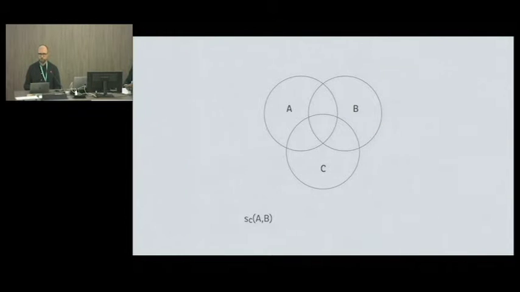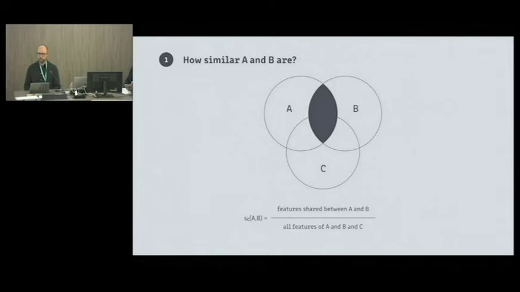Well, it becomes a bit more complex when there is a third character. So we can divide it into two separate tasks that people respond to. First, they say how similar the letters A and B are, but now it's within the context of three characters, so there are more features possibly because of the third character.